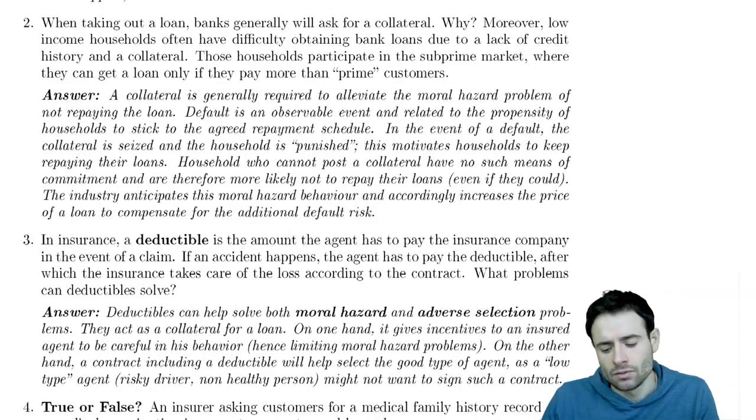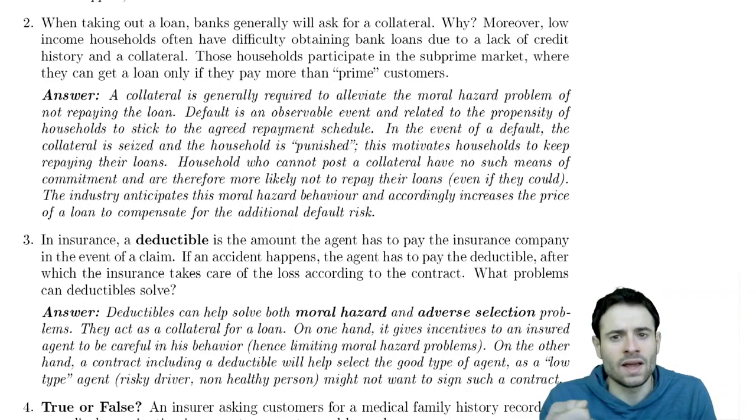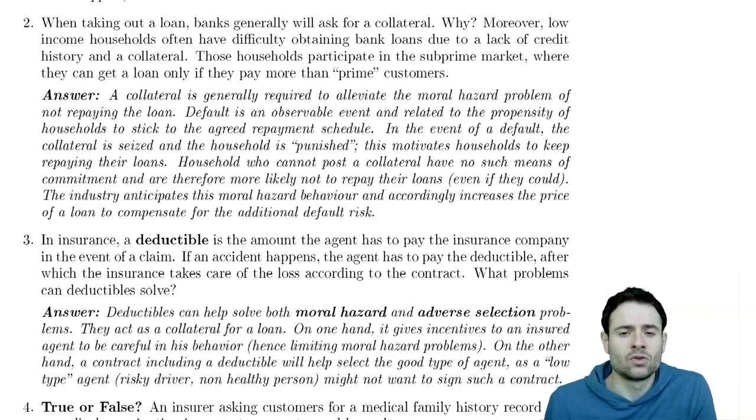So if a household doesn't have the way to provide a collateral in case of a default, then banks will only accept to lend money to a borrower if interest rates are higher, hence the subprime market.